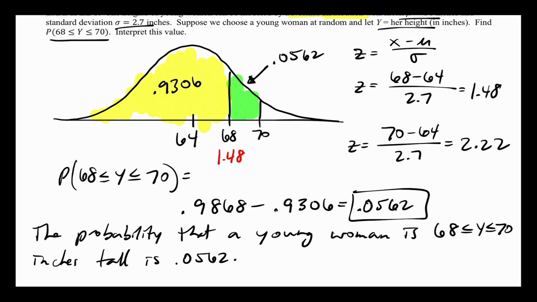Okay. For a young woman, that's considered tall. So there's not very many of them. About 5% of every woman. About 5 or 6 out of every 100 that you see will be that tall. That's what it's saying.